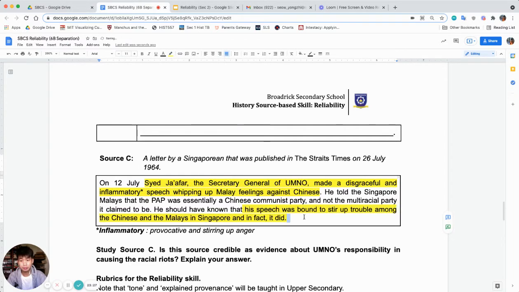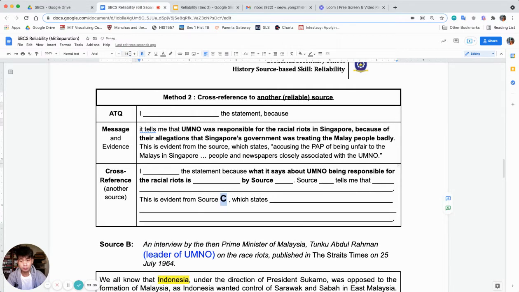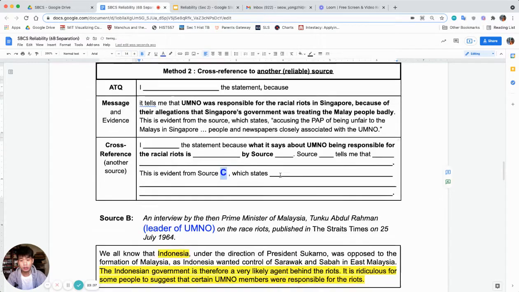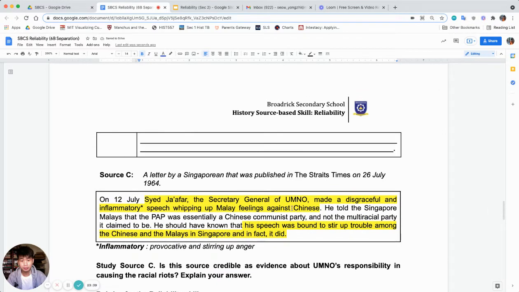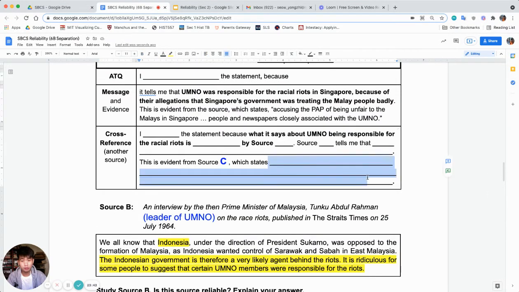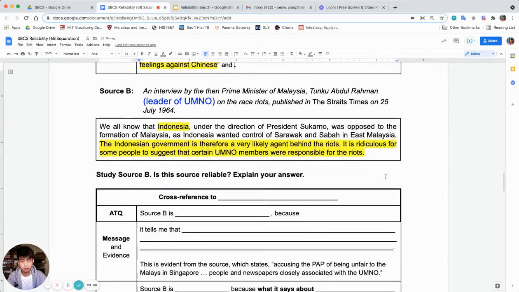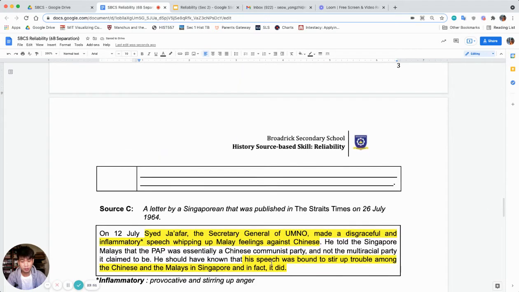Okay. So again, we are going to use source C now. And source C states that Syed Jaafar made a disgraceful and inflammatory speech, right? His speech was bound to stir up trouble, and in fact it did.